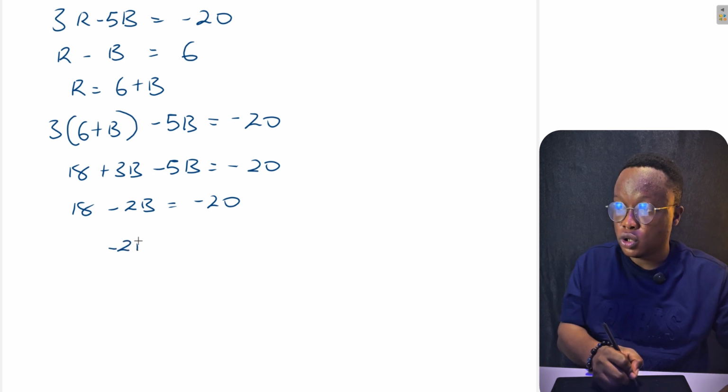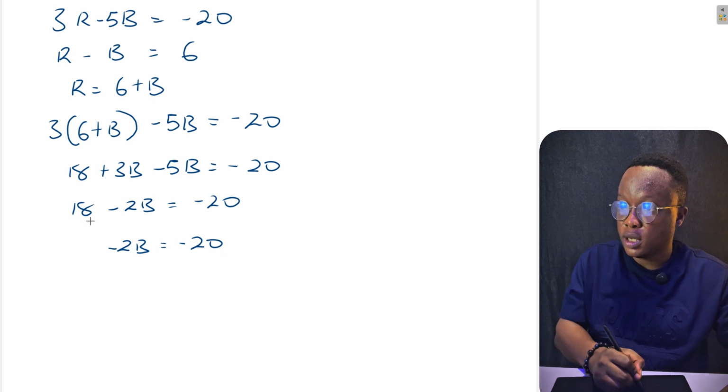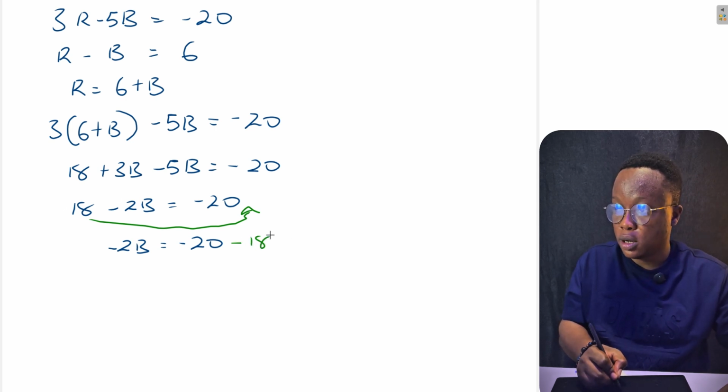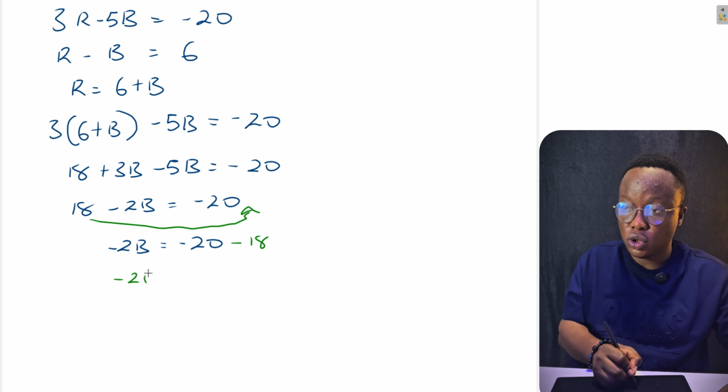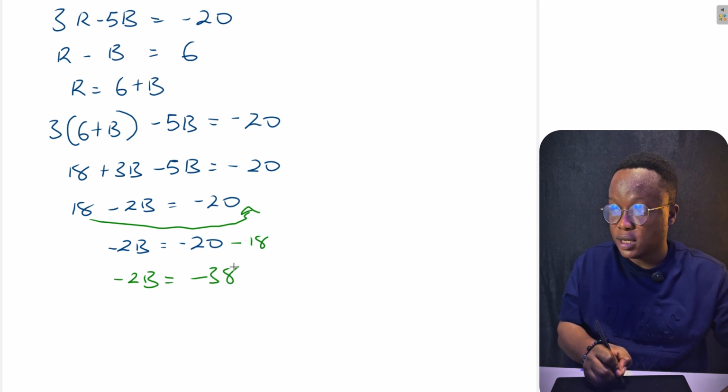We're going to bring the 18 all the way here. Plus 18 here, so negative 18 there. So minus 2b is equal to minus 20 minus 18, negative 38.